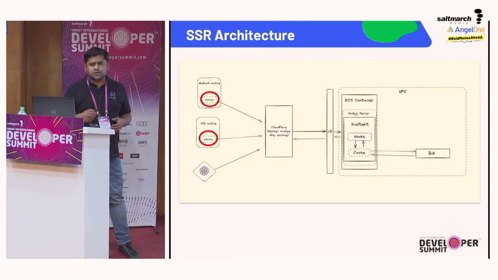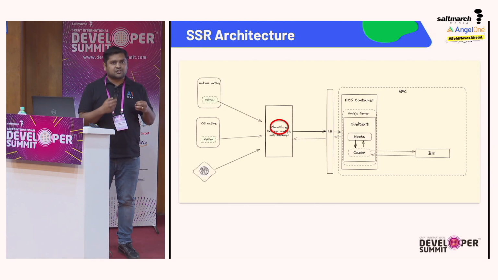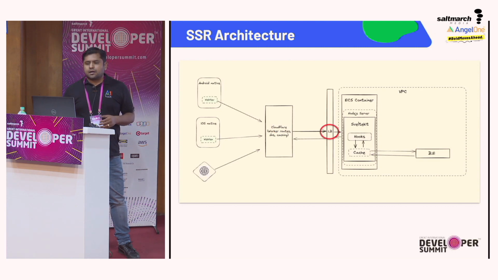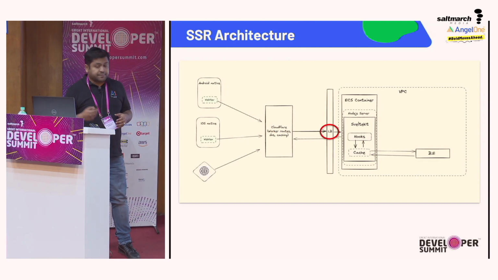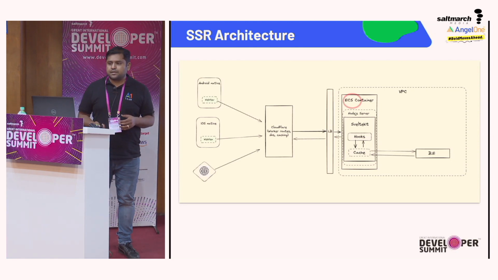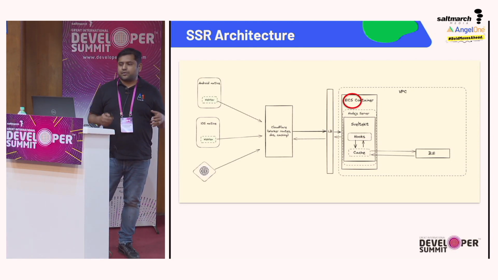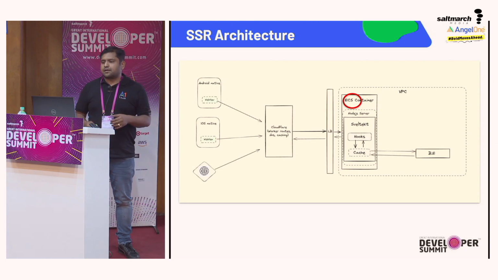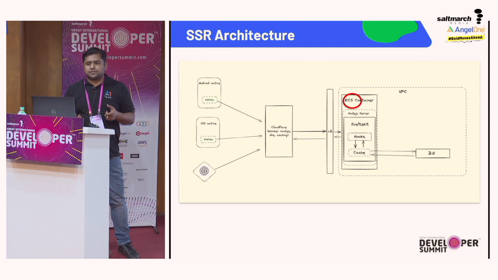Once the request originates from any of these mediums, it goes to Cloudflare. From Cloudflare, depending upon the path the user is trying to access, it forwards to the appropriate load balancer. Then the load balancer, depending upon the load, forwards those requests to our ECS container. The ECS container is where our SvelteKit app resides, wrapped inside a Node.js server.